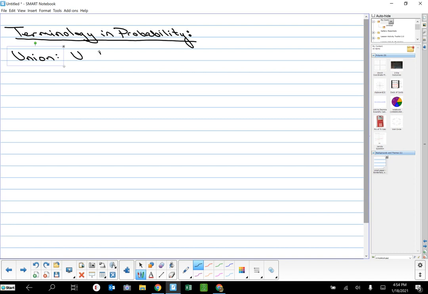So it would look like A union B, and it means A or B. So a union means or, and mathematically it means A plus B. So that's important. Super important, actually.